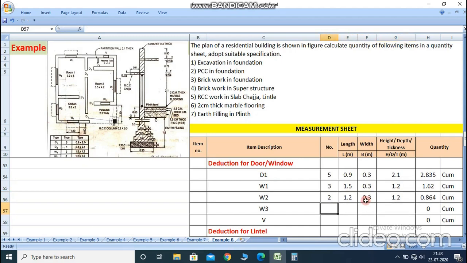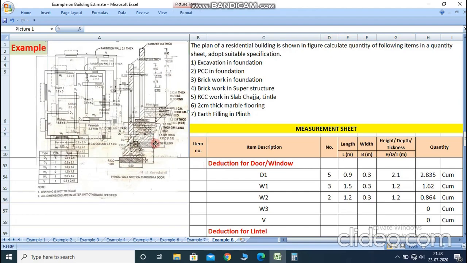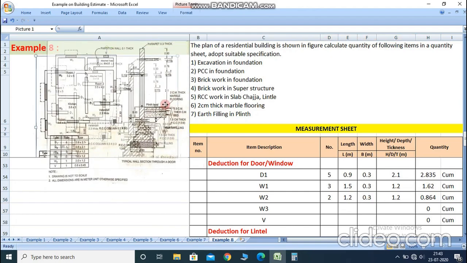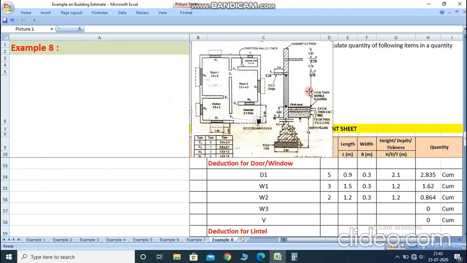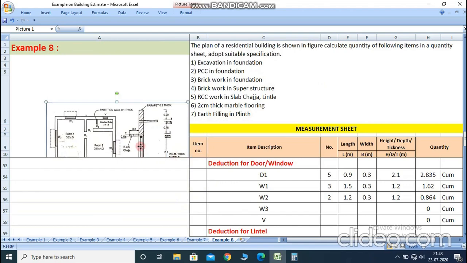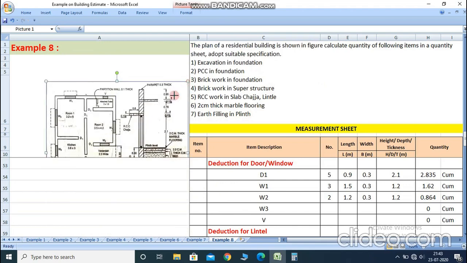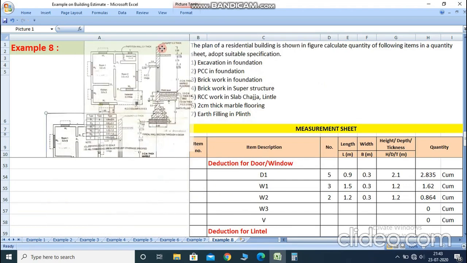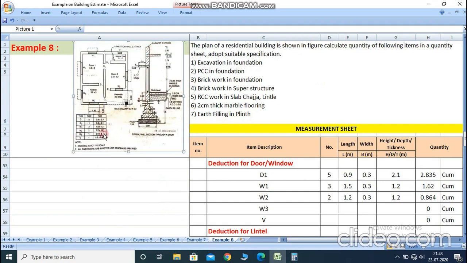Now for window 3, the number is only 1, so here we write only 1.